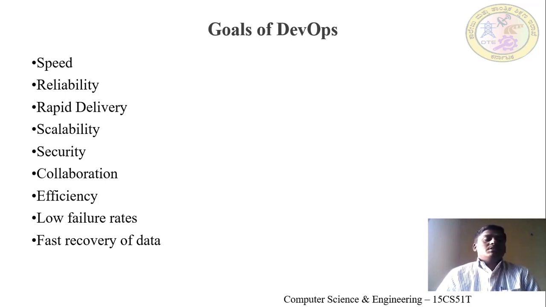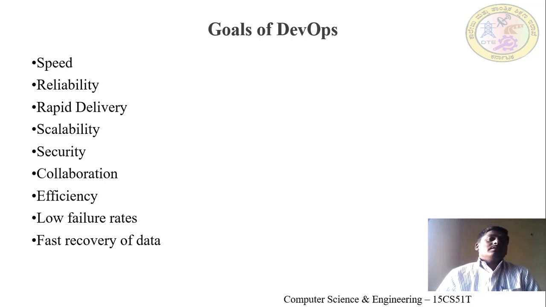How do we get efficiency? The throughput rate should be high. We get lower failure rates if we use the concept of DevOps. Fast delivery of data, fast recovery of data.